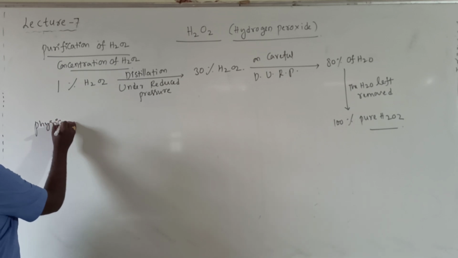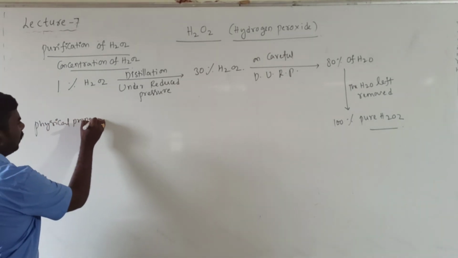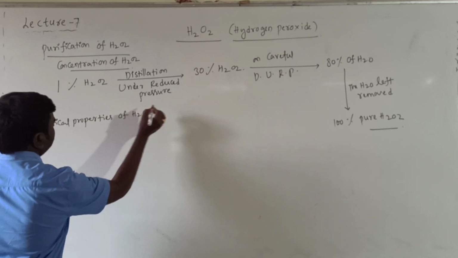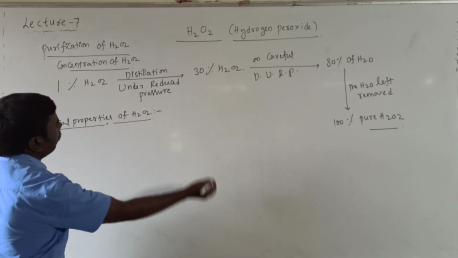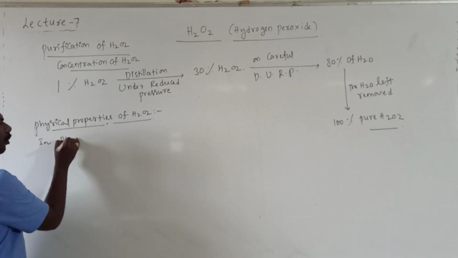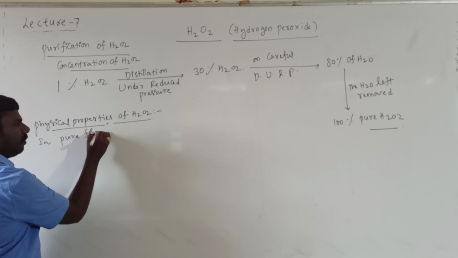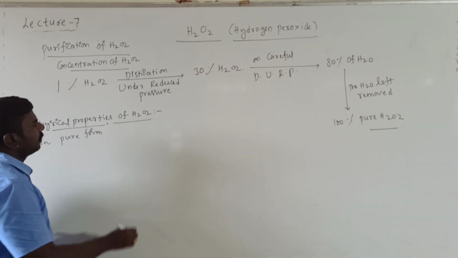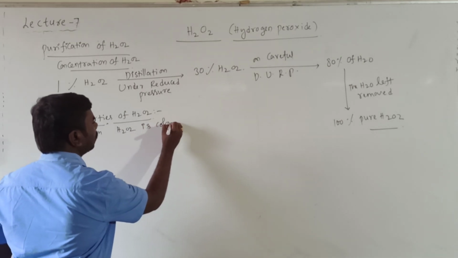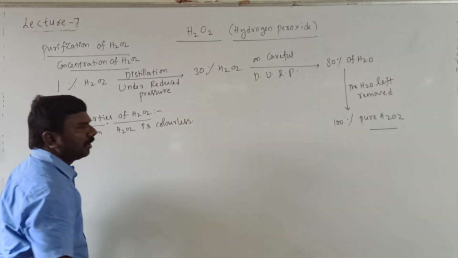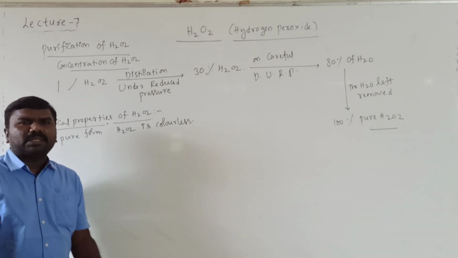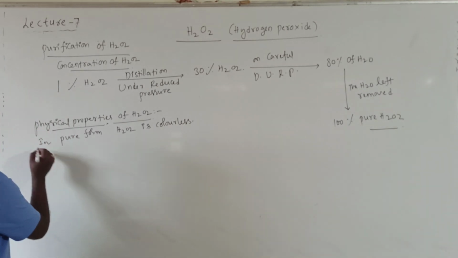Next, physical properties of hydrogen peroxide. What are the physical properties of hydrogen peroxide? In pure form, it means in pure state, H2O2 is colorless. But it is always difficult to take it in pure form. Sometimes a few impurities are there.